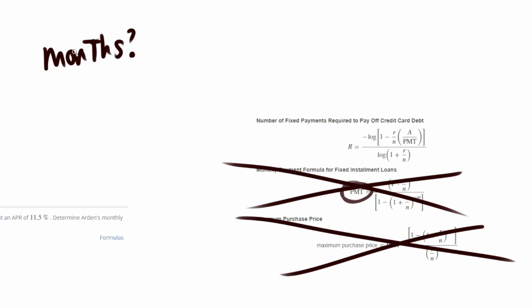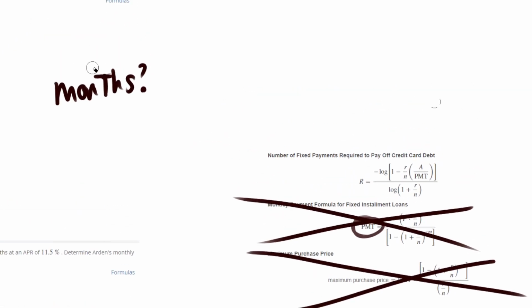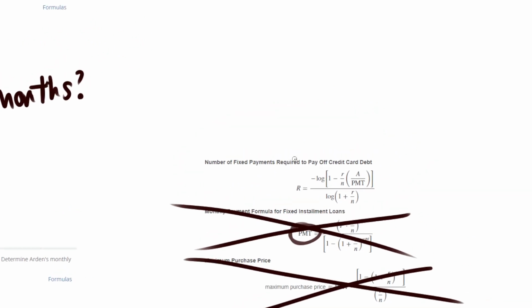But it's not always monthly. It could be quarterly payments, so the number of months or quarters. But I haven't seen it in any other format other than months. So this one is probably our go-to.